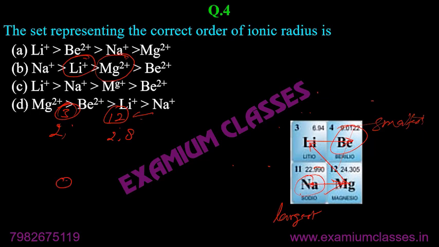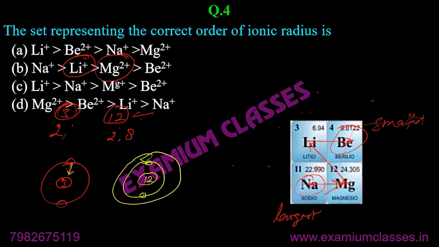So in lithium, you have 3 protons and in Li plus only 2 electrons. So there will be some force of attraction, but this force of attraction will be by only 3 protons. In case of magnesium, there are 12 protons, and you have the first shell and second shell also.